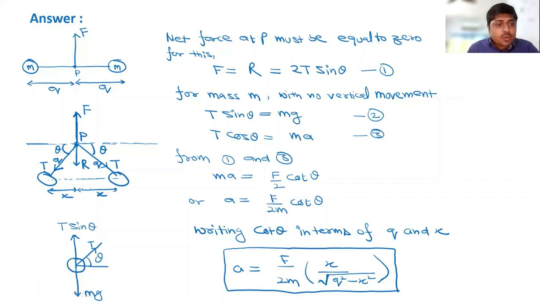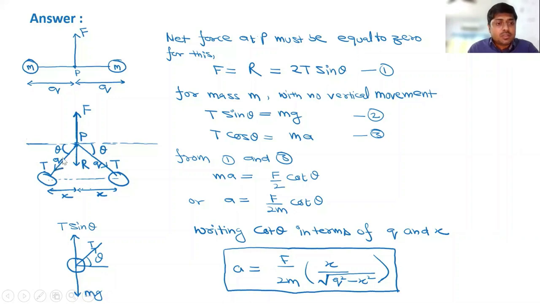So we know the length of this string, from this body to the center, that is already defined in the problem. This is q. And after a certain time, as defined in the problem, the separation between the particles is x. Then we can calculate the value of cot theta.